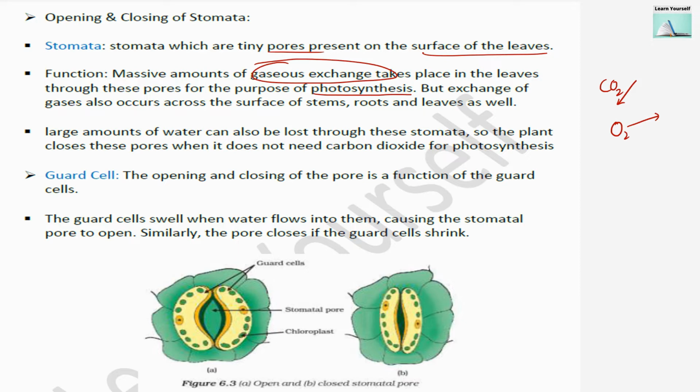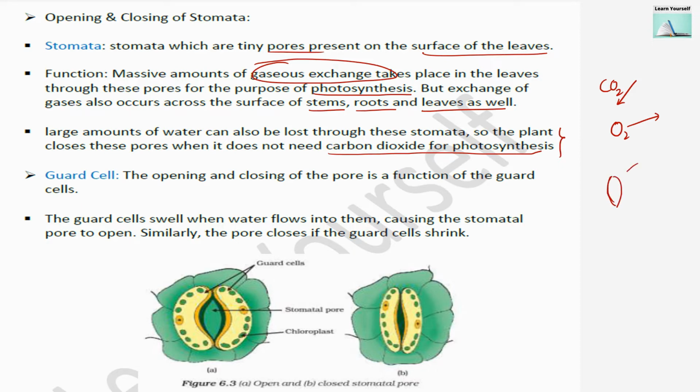But the exchange of gases also occurs across the surface of the stem, roots, and leaves as well. A large amount of water can also be lost through these stomata, so the plant closes these pores when it does not need carbon dioxide for photosynthesis. This is the reason why these pores are not open throughout the day.